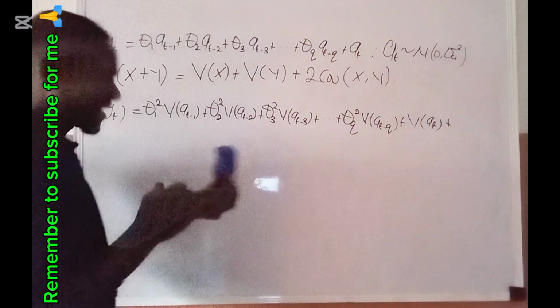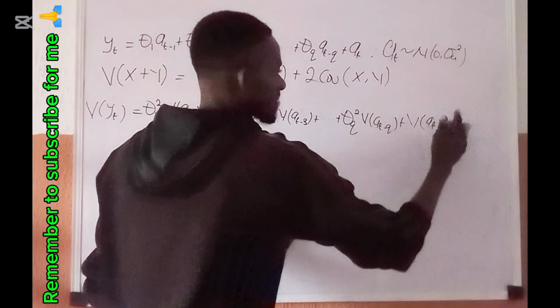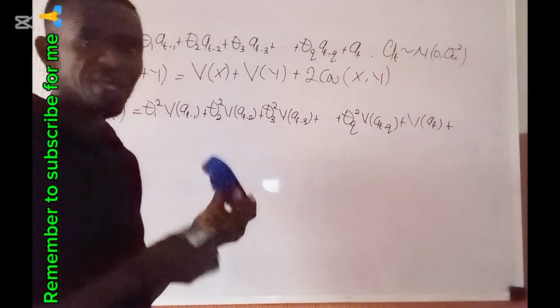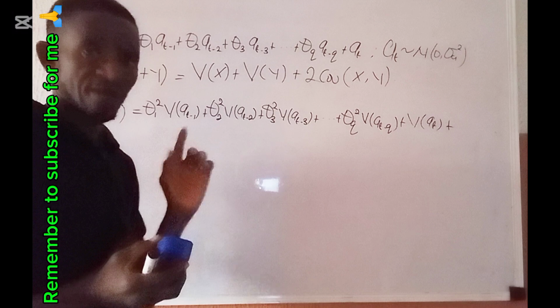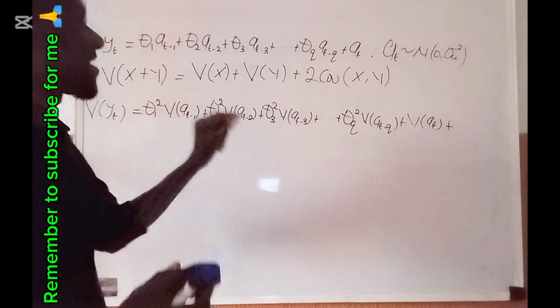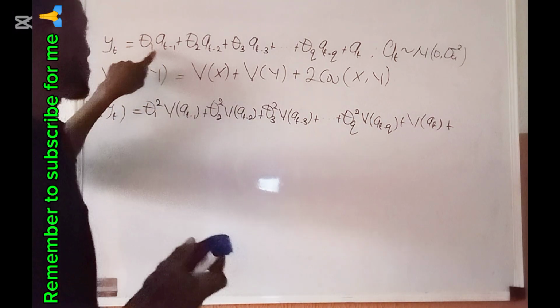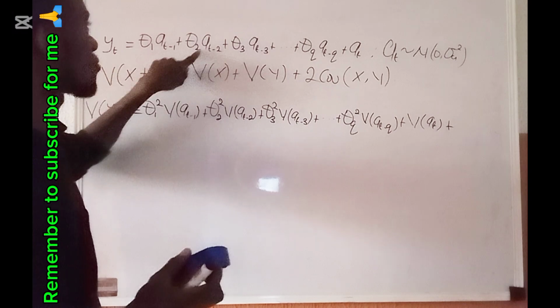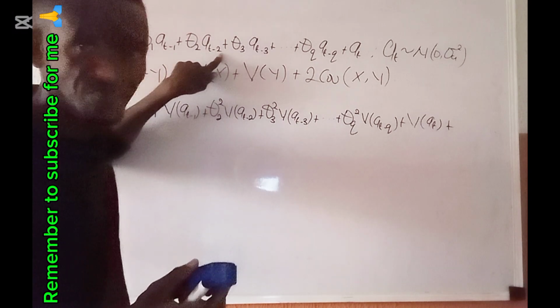Plus. At this point, I am expected to begin to take the covariance of the pairs of the terms in the model. That is, by taking the covariance of theta 1 A of t minus 1 and theta 2 A of t minus 2.